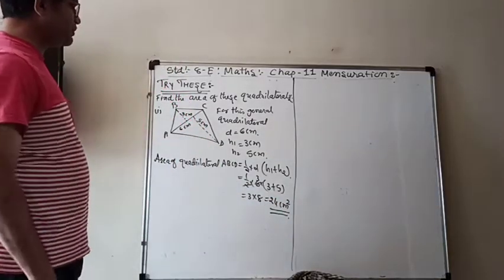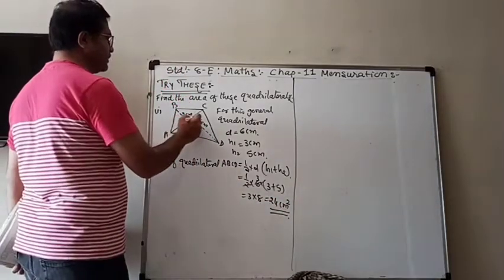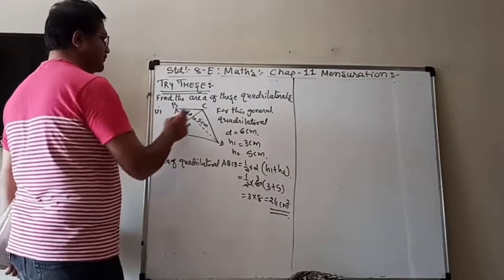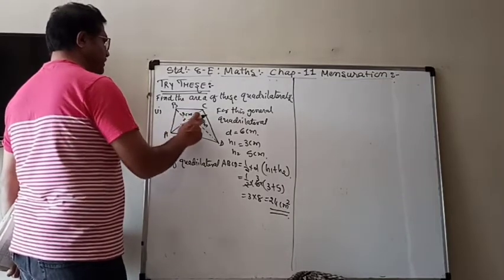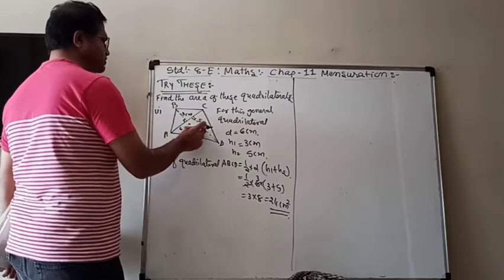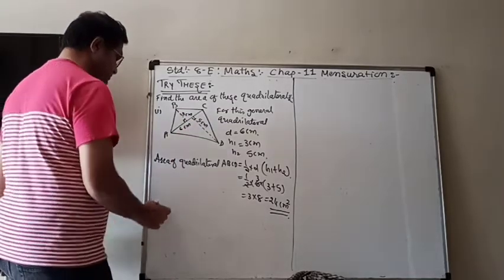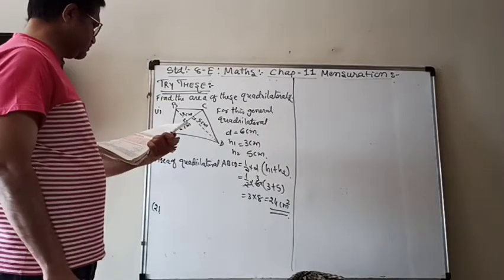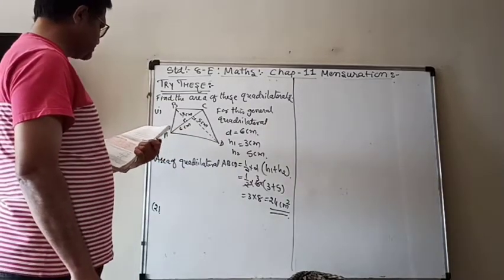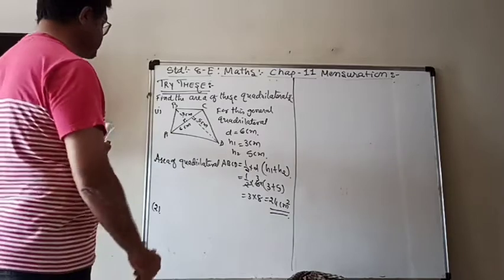So if you know the formula, it is very simple. Here, by the general formula, the two triangles are there. H1 is 3 centimeter, H2 is 5 centimeter. Let's take the second one, in which a rhombus is given.